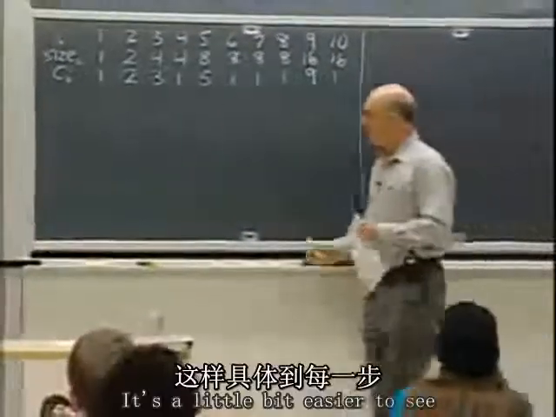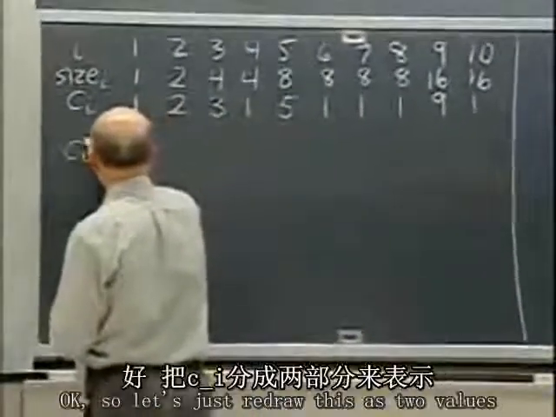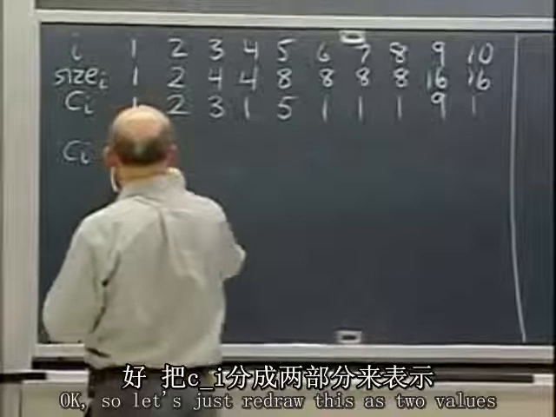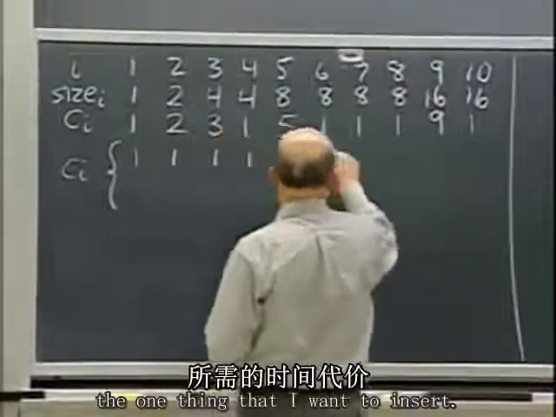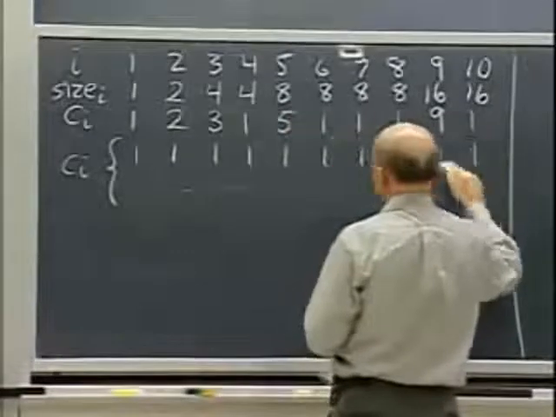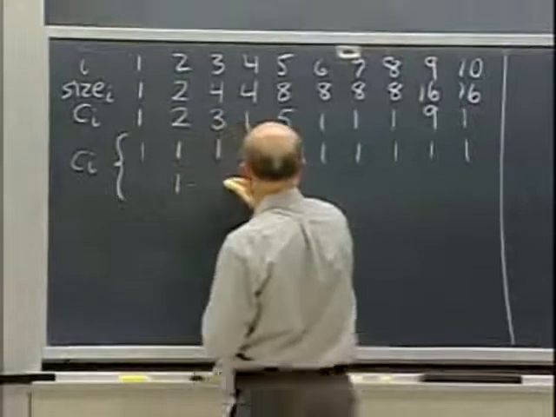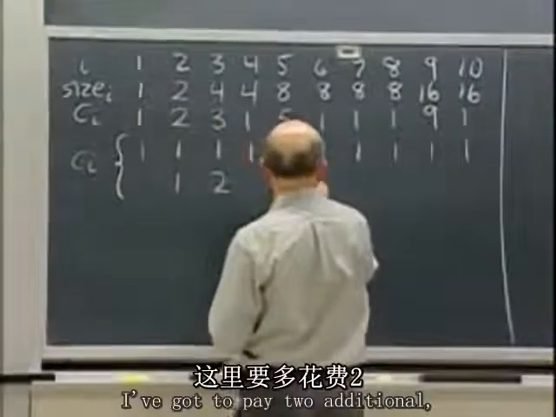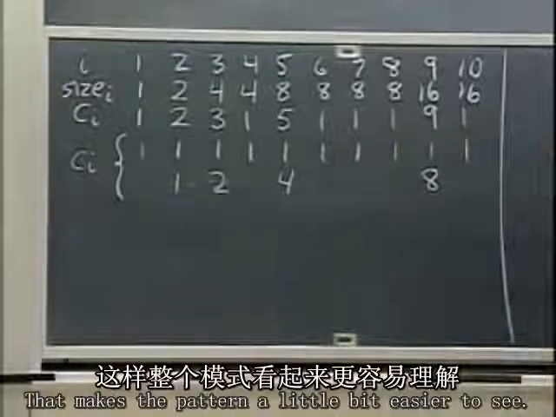A little bit easier to see what the costs are if I break them down. Okay, so let's just redraw this as 2 values, because there's always the cost for inserting the one thing that I want to insert. And now the residual amount that I have to pay is I have to pay 1 here, I've got to pay 2 additional, 4 additional, 8 additional. That makes the pattern a little bit easier to see.